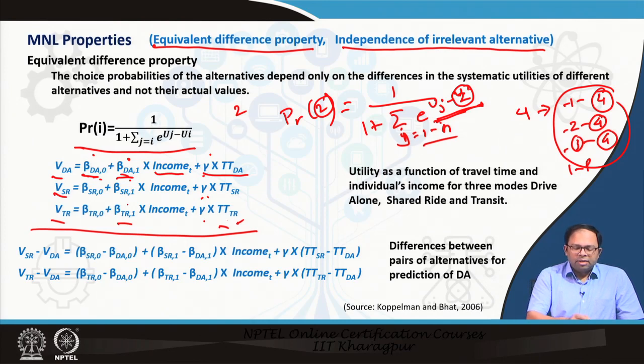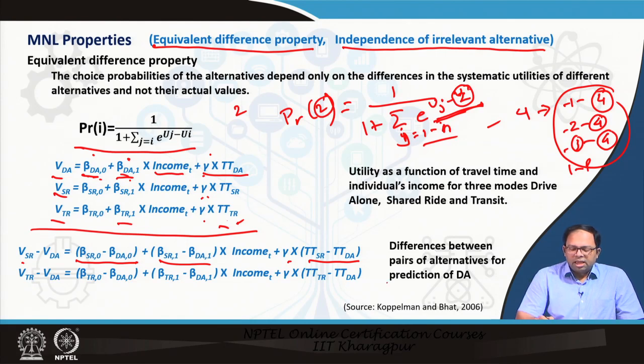If I take the difference between pairs of alternatives for prediction of DA, like the way I discussed over here, VSR minus DA, we get this particular value, BSR 0 minus BDA 0, because it is SR minus DA, and similarly for income we get that, whereas for gamma we get the difference in the travel time between these two particular modes.